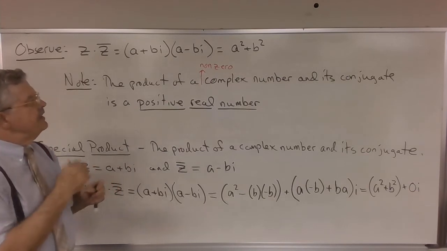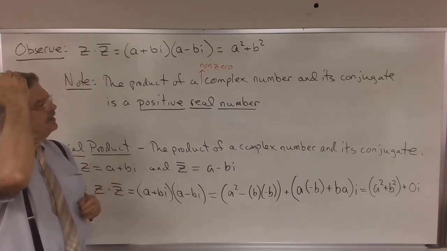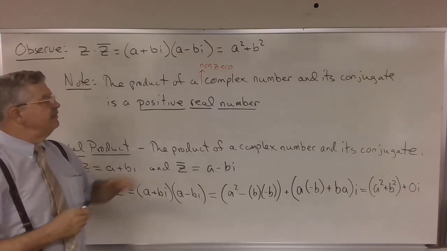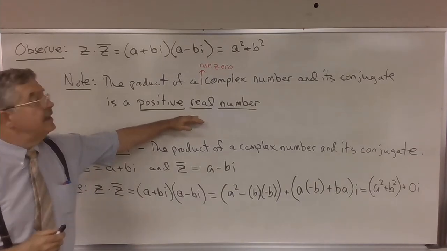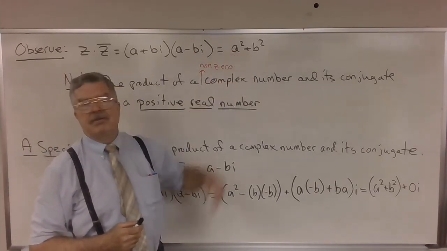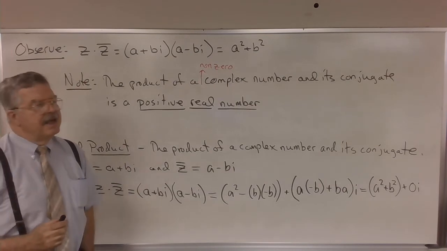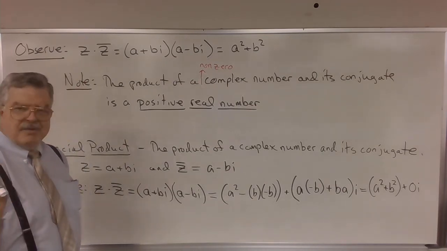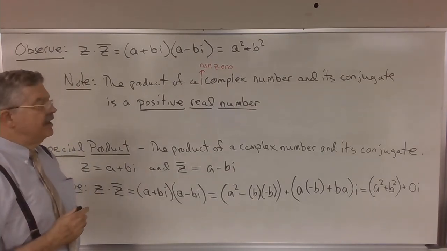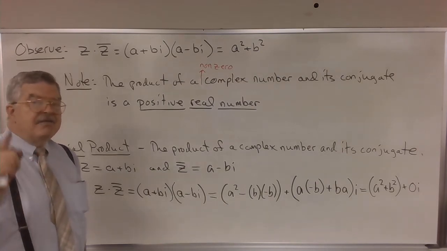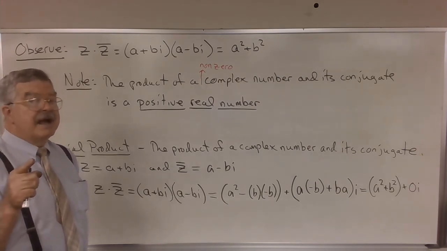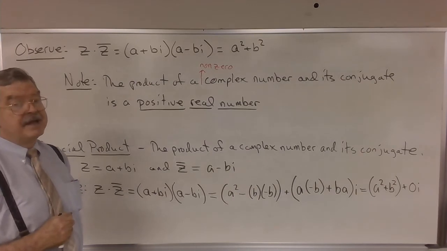The product of a non-zero complex number and its conjugate is always a positive real number. It's always a squared plus b squared. And that is going to be more important than you can imagine. And believe it or not, in this lecture, we're going to find out one of the reasons why that is so important.